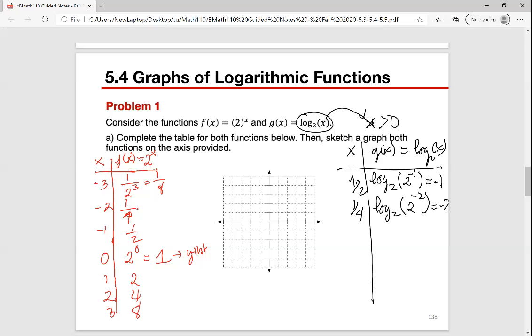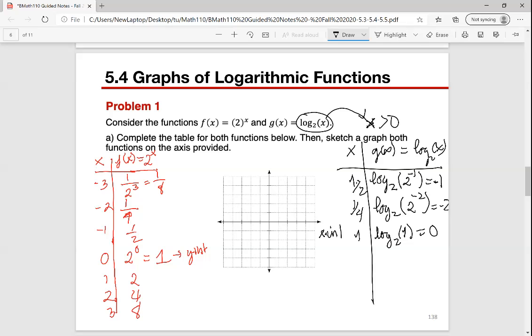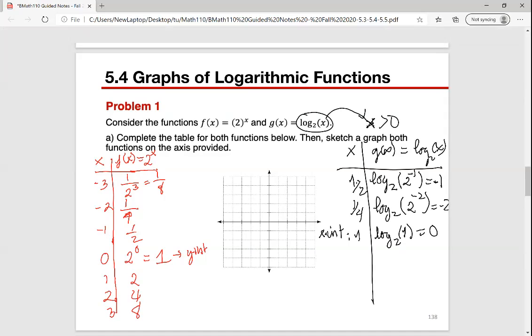Okay. What about 1? You can right away know that log base anything of 1 will be equal to 0, right? So that's the x-intercept. It looks like the opposite way, the inverse of the exponential function.